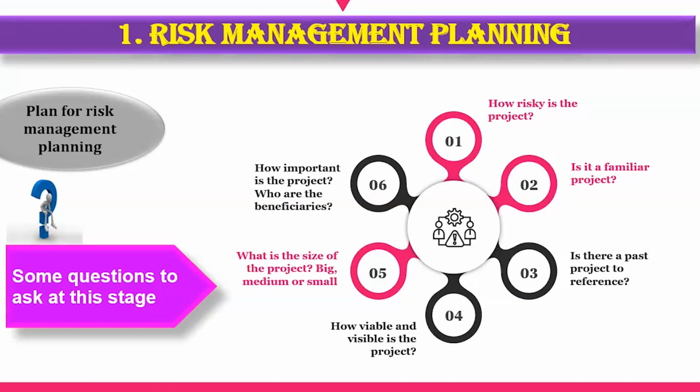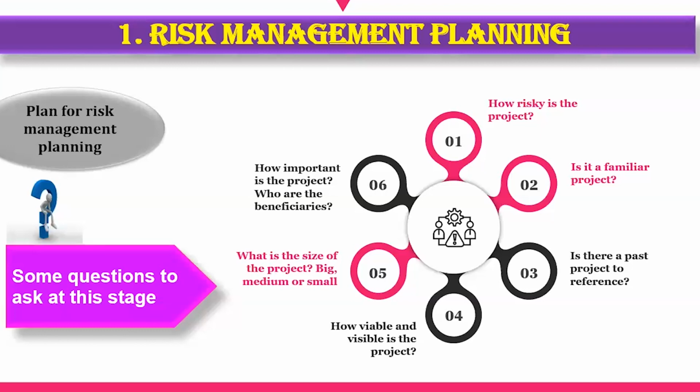How viable is the project? How visible is it? What is the size of the project? Are we talking of a very big project, a small project, or medium project? Because size matters when it comes to risk management. It doesn't mean that small projects don't give problems, but what we talk about when we're managing risks is that size and complexity bring in their wake a lot of risk.